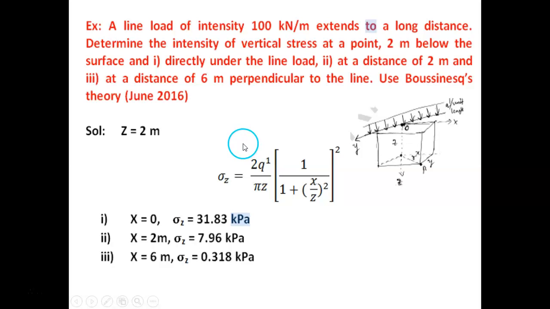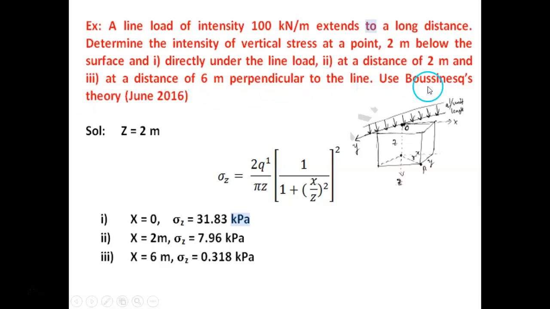Next example. A line load of intensity 100 kilonewton per meter extends to a long distance. Determine the intensity of vertical stress at a point 2 meter below the surface and first point directly under the line load, second point at a distance of 2 meter and third point at a distance of 6 meter perpendicular to the line.